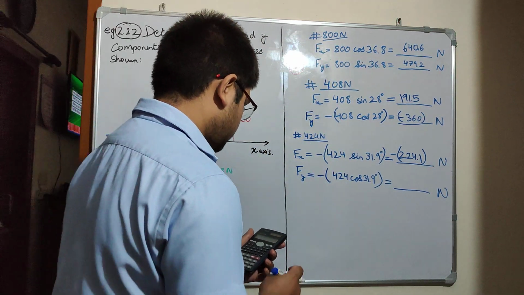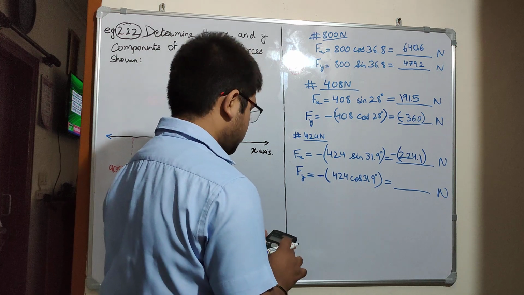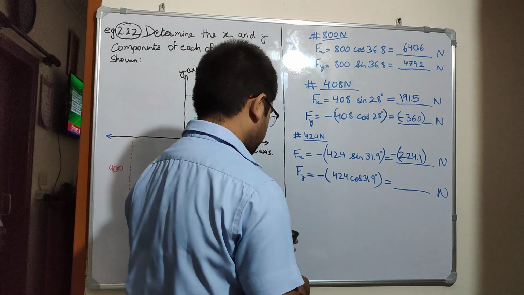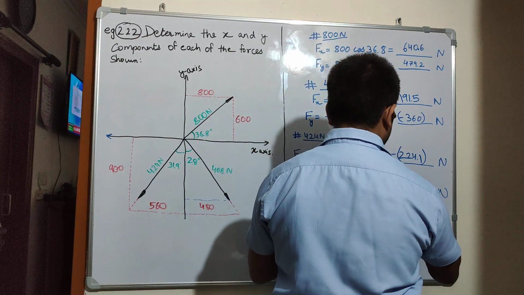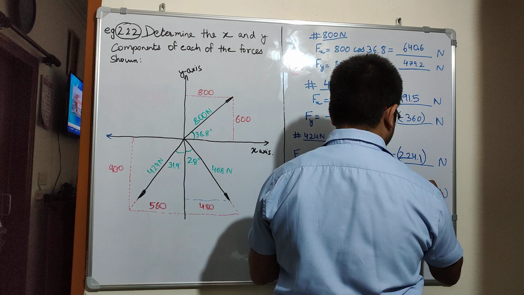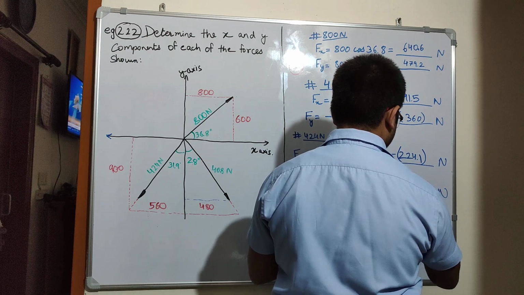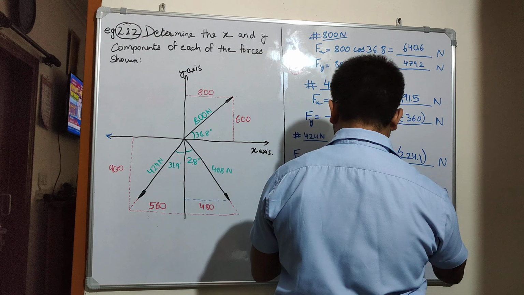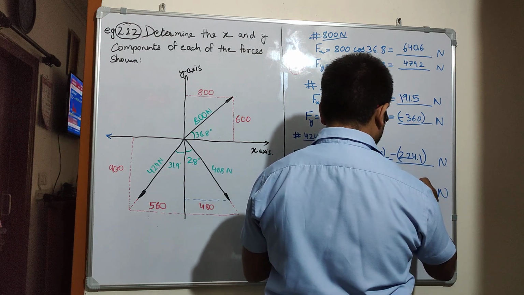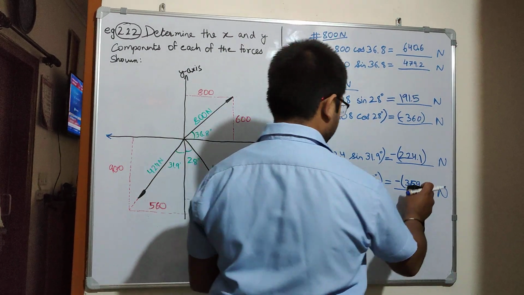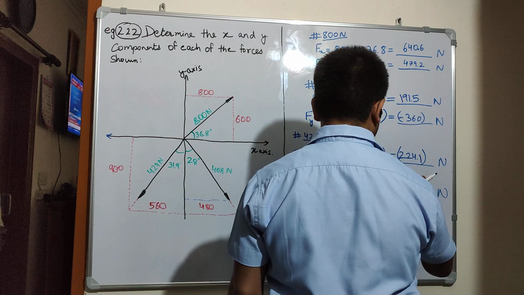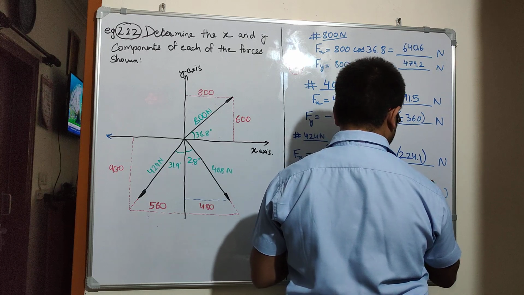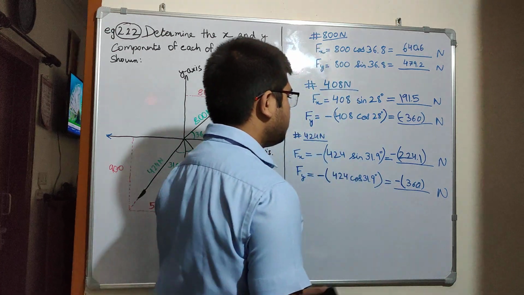And we have the same thing with cos: minus 359, or you can say 360 Newton.